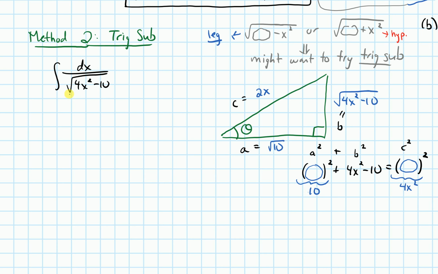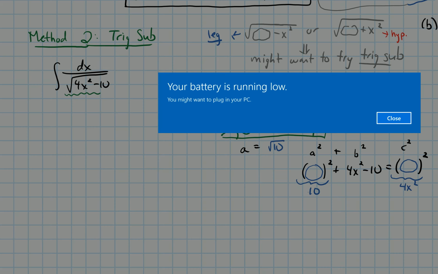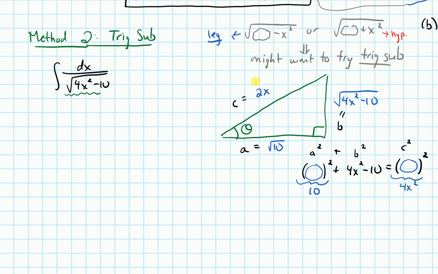So I need some trig function that will involve this square root, and I want to pick a trig function that won't involve a side length that has another variable. So although tangent will involve the square root, it'll also involve the 2x, and the 2x has a variable in it. So it's better to pick, I meant to say sine. Sine would not be a good choice, because sine involves the square root length as well as the 2x length, so that's not great.